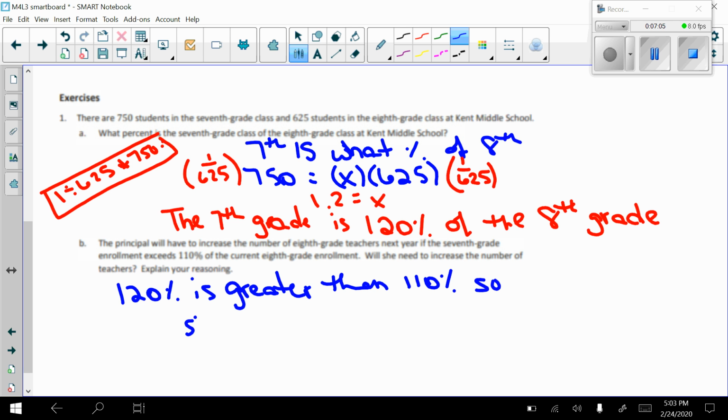So she will or will not? She will need to increase the number of teachers.